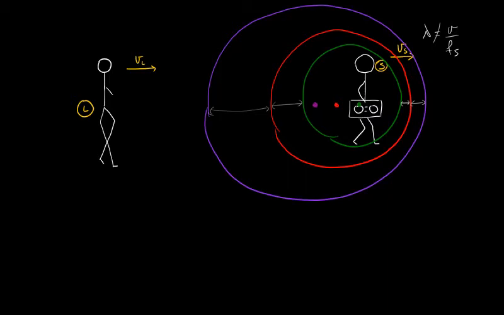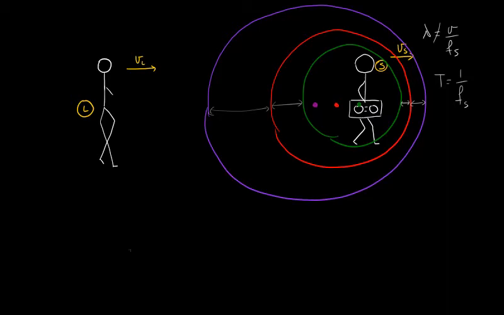To better understand this, let's take a look at one cycle of a wave emission, where the period of that cycle equals 1 over the frequency of the source. During this period of time, the wave will travel a certain distance. Let's draw a better picture right here.